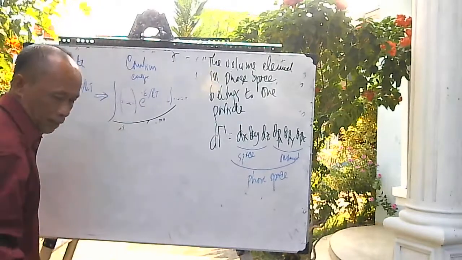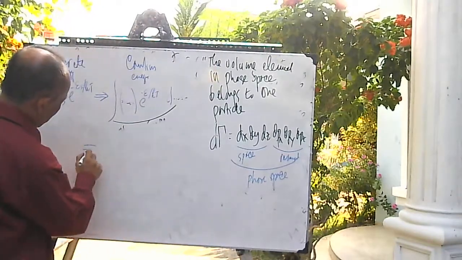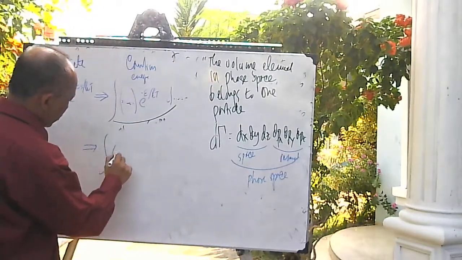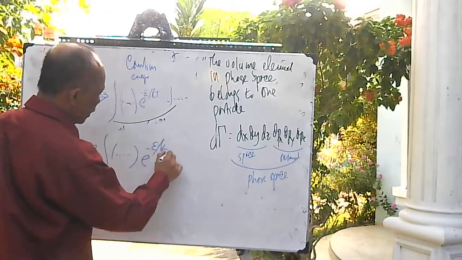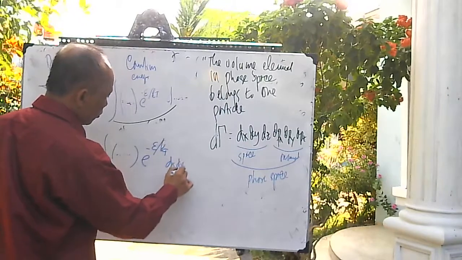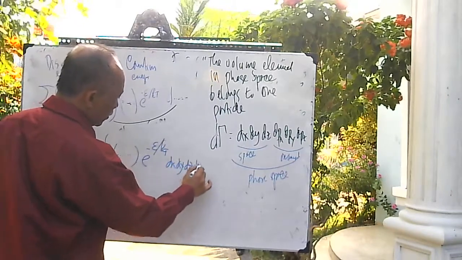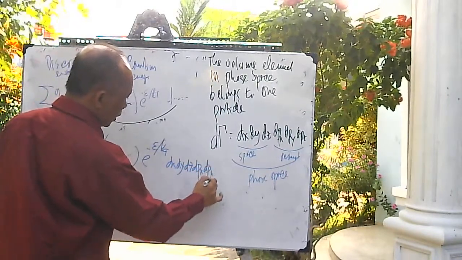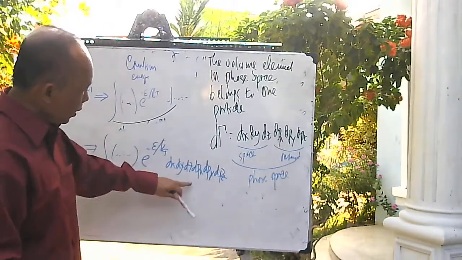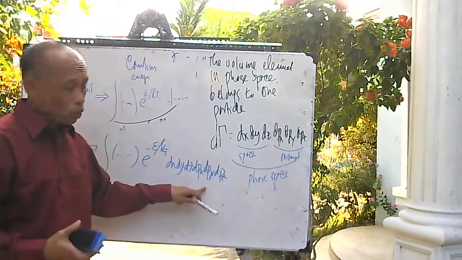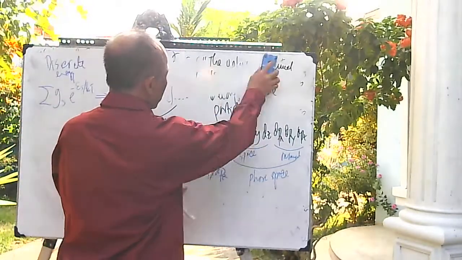So in our integral, the transformation becomes, with a factor we will determine later, exponent minus epsilon over kT, dx dy dz dpx dpy dpz. This is the volume element in phase space belonging to one particle only.